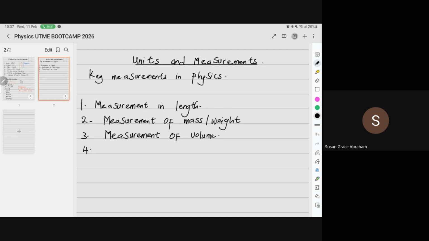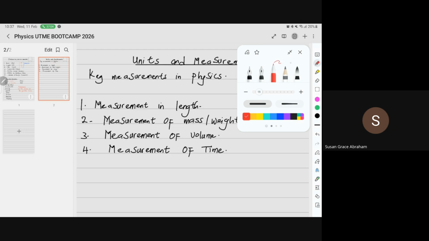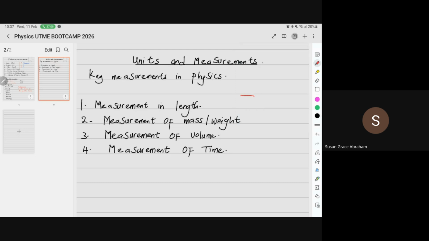The next one is measurement of time. But our major focus, so this is our focus for our class.